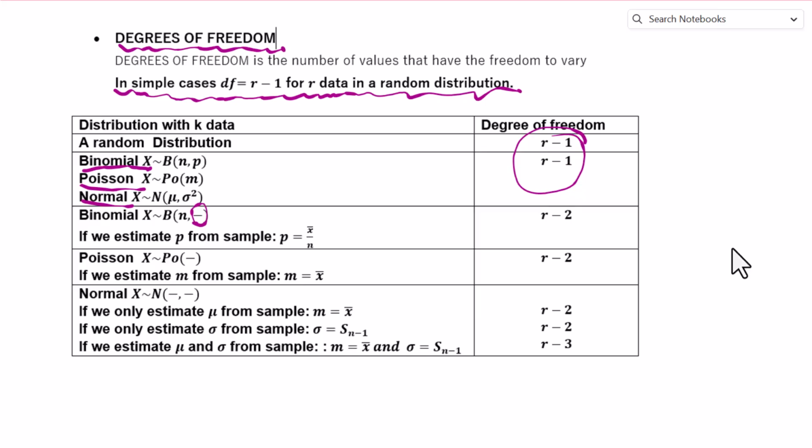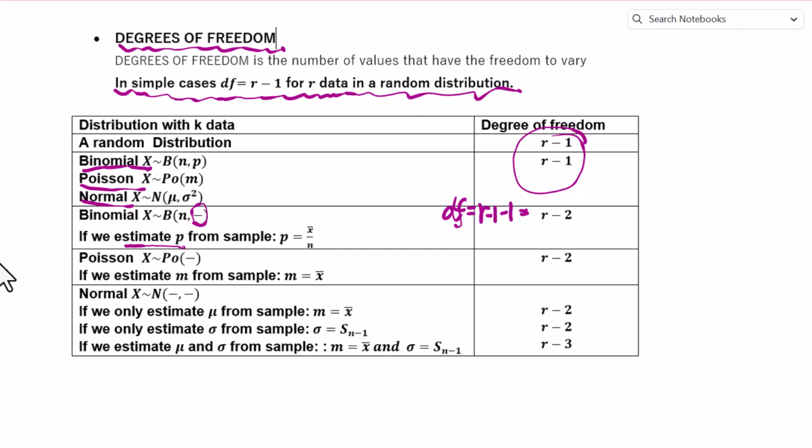We don't know the probability of success, so we need to estimate this p from the sample. Then your degrees of freedom equals R minus 1, then minus 1, because we estimated this parameter p.